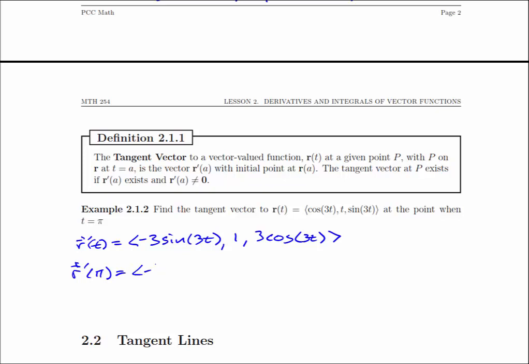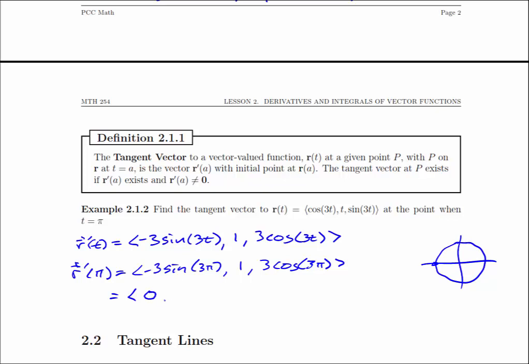So I'll plug this in here: negative 3 sine of 3 pi, 1, 3 cosine of 3 pi. And let's just do some quick trig review. Sine of 3 pi, remember 3 pi is here, so the sine value is 0.